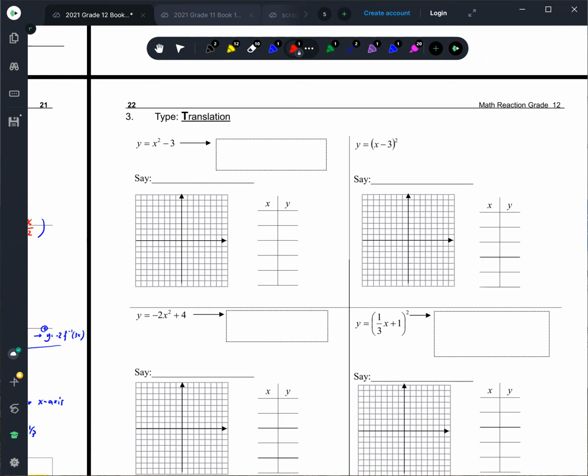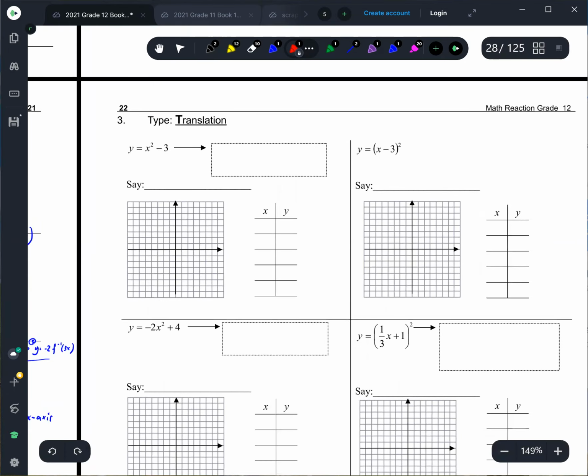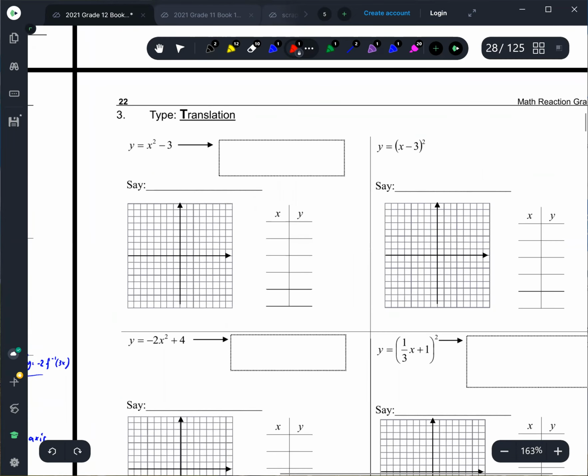We have seen that in parabolas, like when you learned in grade 11, it changes the vertex of a parabola, right? So that's why here we're going to start with a quadratic function or parabola. This is something that you are familiar with.